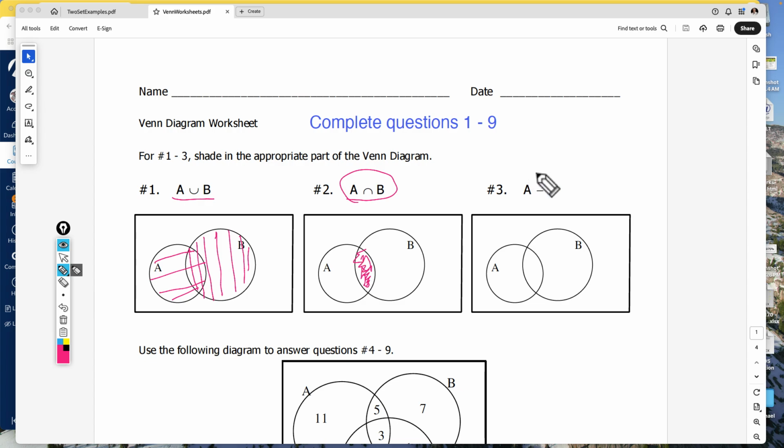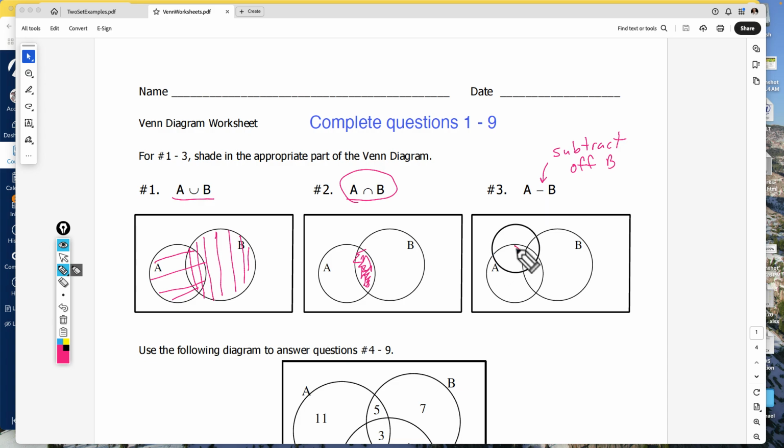Now this one, some books use this, our book doesn't, I haven't seen it, but A minus B is a concept that it's everything in A except B. This minus is subtracting off B, so it's a symbol that can be used.